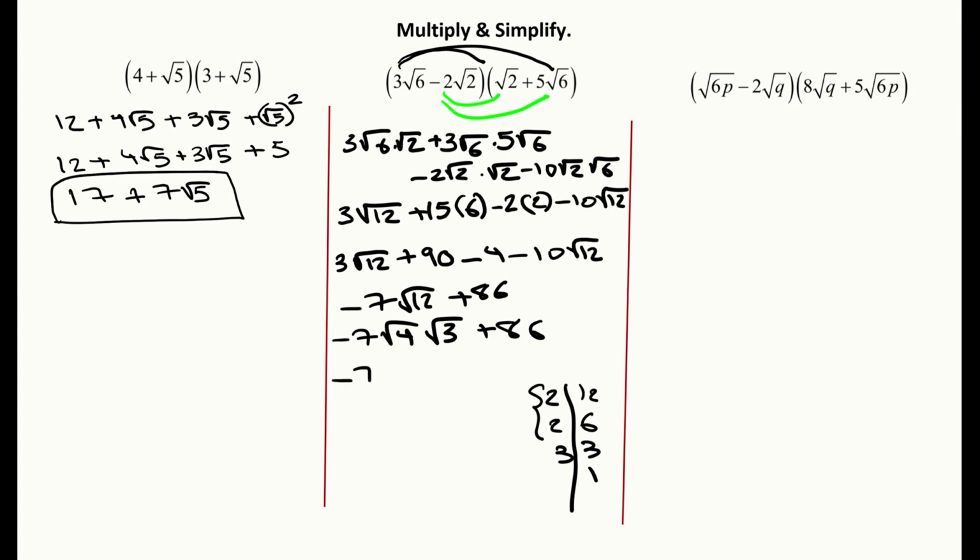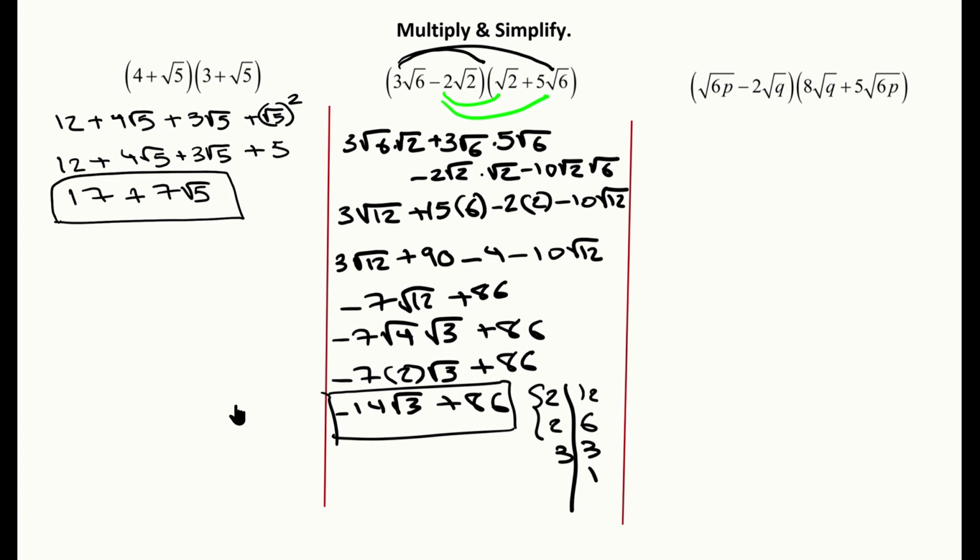So we end up with -7 times 2 radical 3 plus 86. And that's going to give us -14 radical 3 plus 86. And that's pretty much all we can do there.